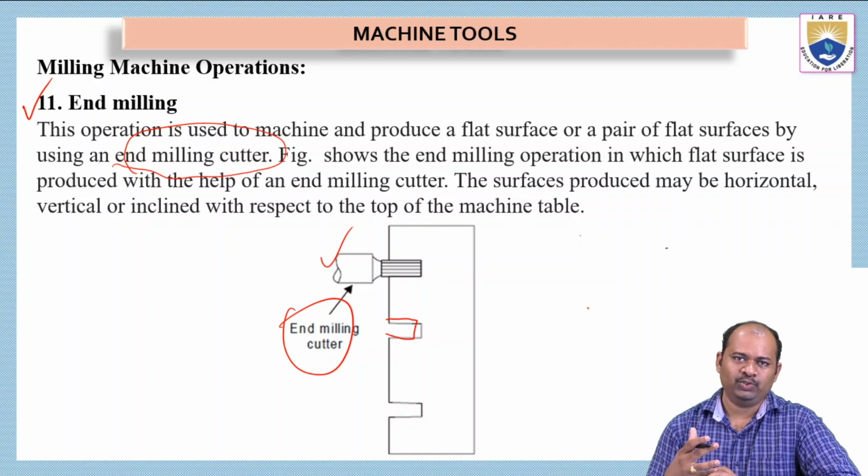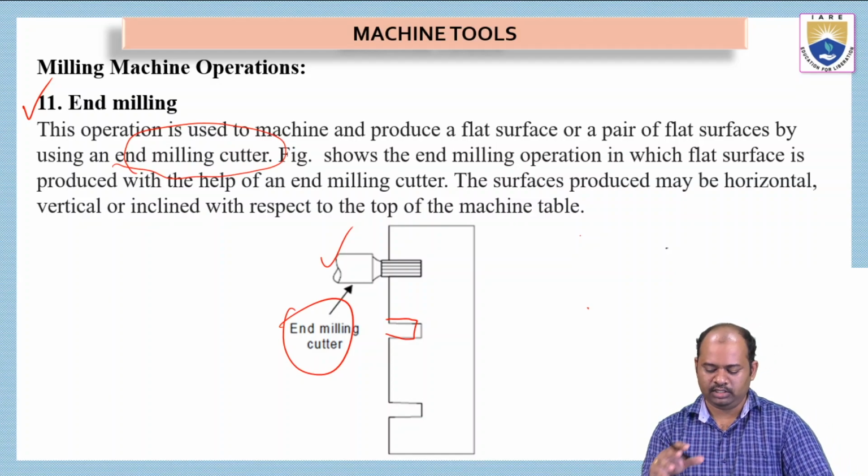So we can produce any type of shape of the cut, like vertical or inclined or horizontal shapes, which can be easily milled with the help of this end milling process. We can get any orientation, vertical, horizontal, or inclination.